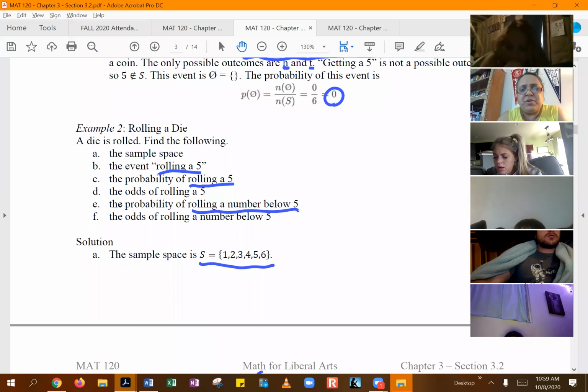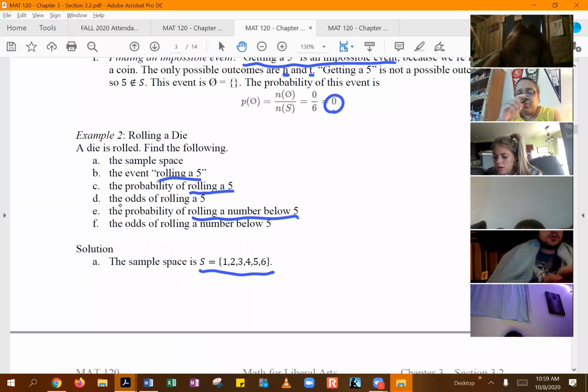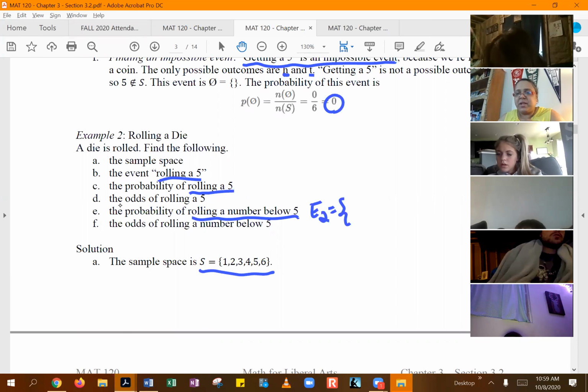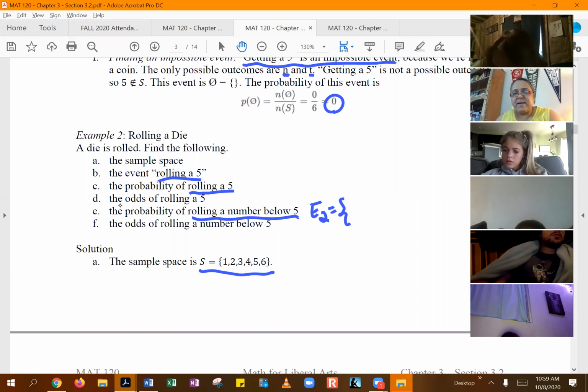So before I show you the answer for part E, when we're saying the probability of rolling a number below 5, what outcomes will that event have? If we call this event 2, what numbers would we put in here from our sample space for rolling a die and getting a number below 5? What numbers would you put in there?